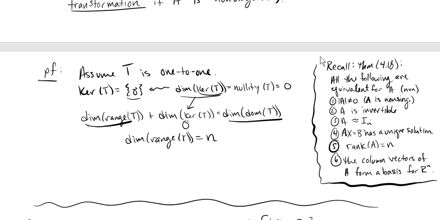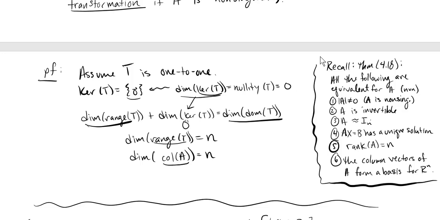Well, the range of a transformation defined by matrix A is really just the output values that multiplication by A can cause. So we can say here that the dimension of the range is really the dimension of the column space of A. But that's the same as the dimension of the row space.